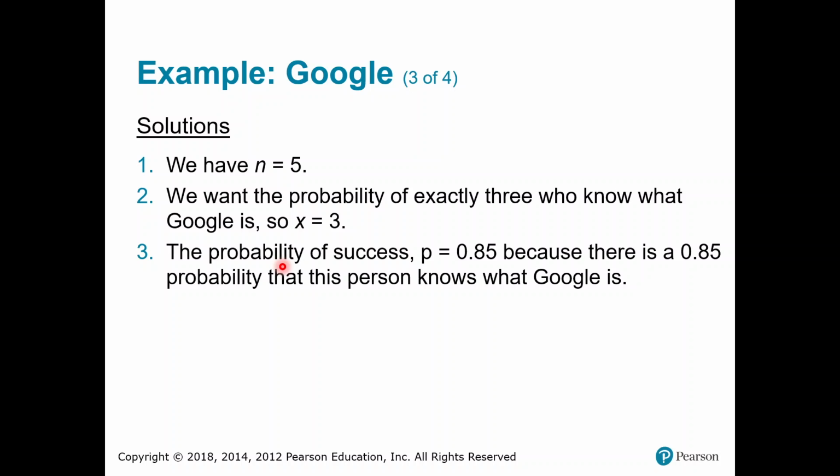Third, we know that P is 0.85 because we're told that there is a 0.85 probability that this person knows what Google is.